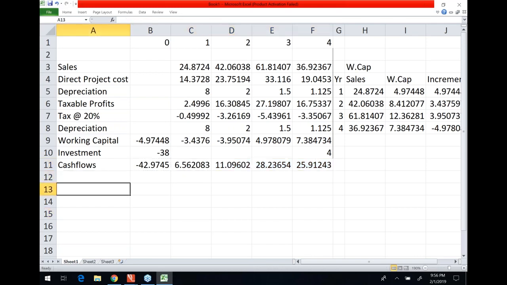Okay, Karan, I've rectified it. The discount factor is 12%. So if I say 12%, let's see.